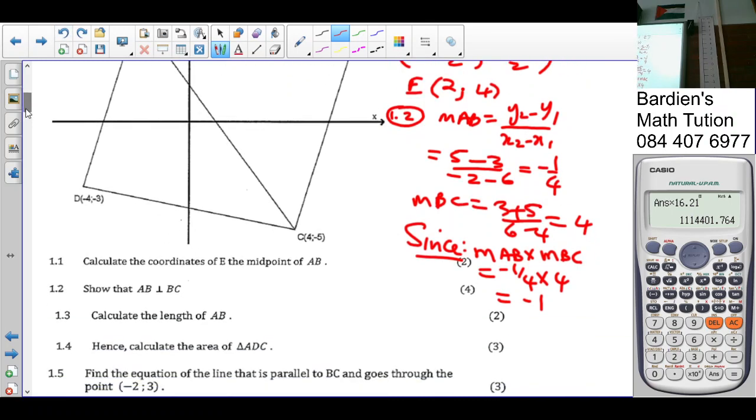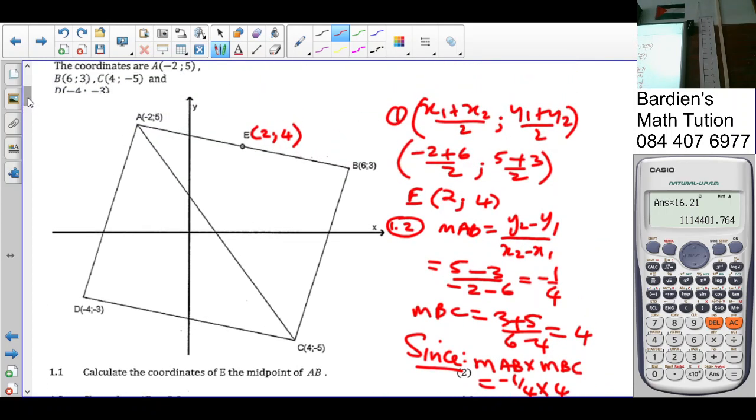So in conclusion, therefore, AB is perpendicular to BC. Okay. You all understand? Any confusion here? I'm going to write the gradients in here.